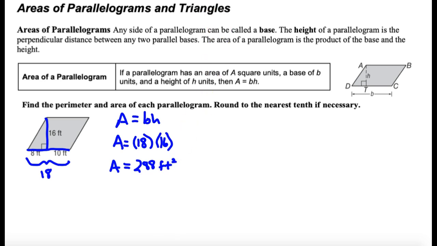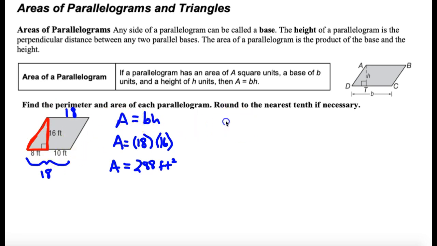But now, to find the perimeter, I don't know either of these sides. If this is 18, then this side is going to be 18. But I don't know either of these. Well, what we are actually going to do is use something from a previous chapter. If I look here, I have a right triangle. I know two sides of that right triangle. To find the third side, I can use the Pythagorean theorem.